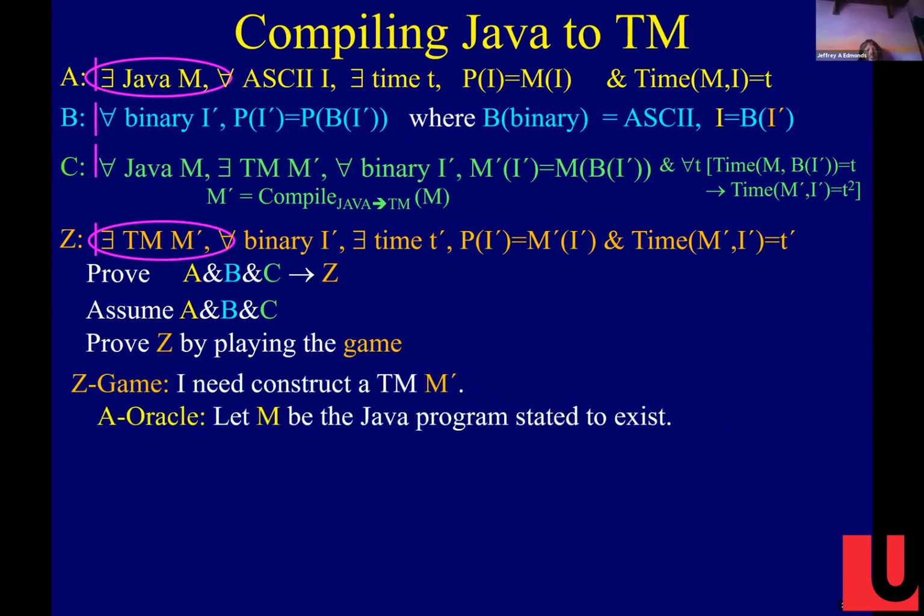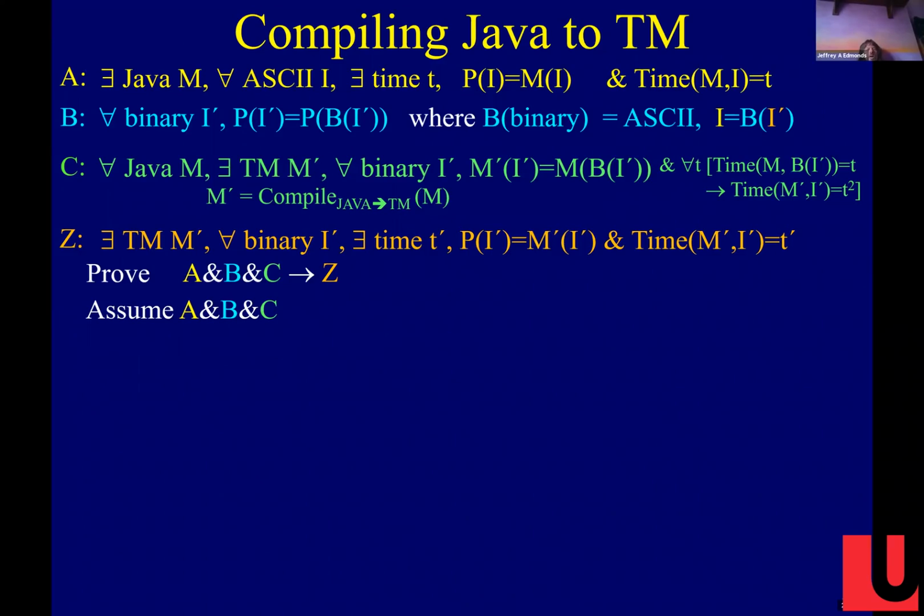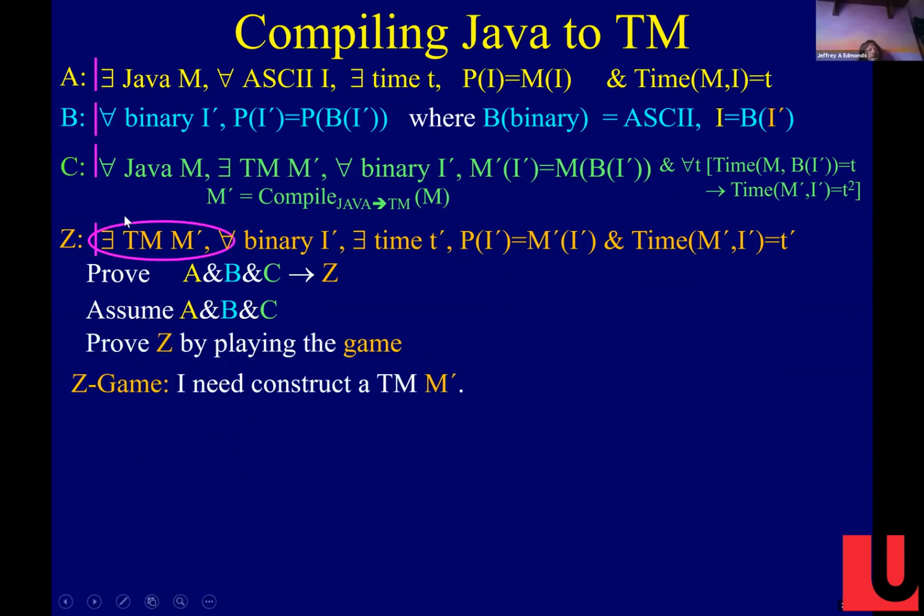So I start by saying, what do I need? Here's a paragraph starting, what I need is to construct M. And then I think, oh, well, how am I going to construct M? Who gives me M's?